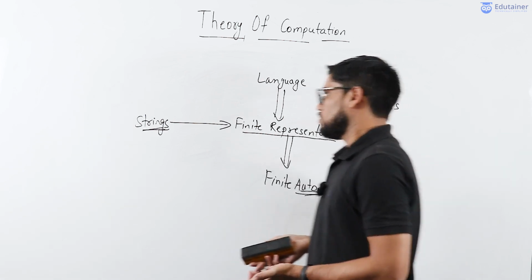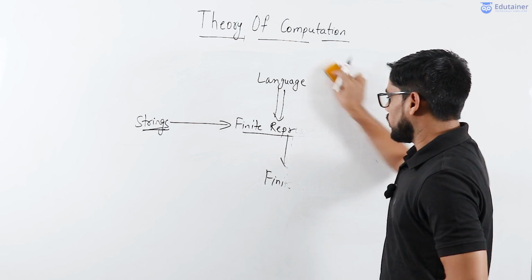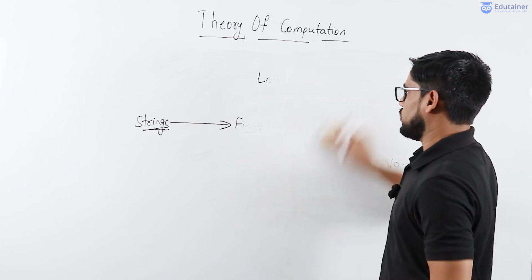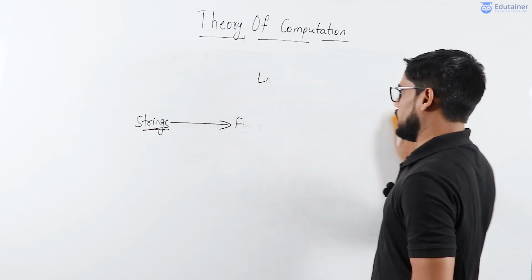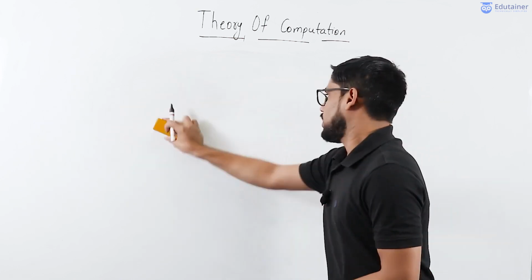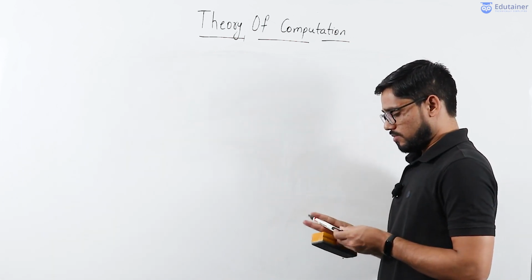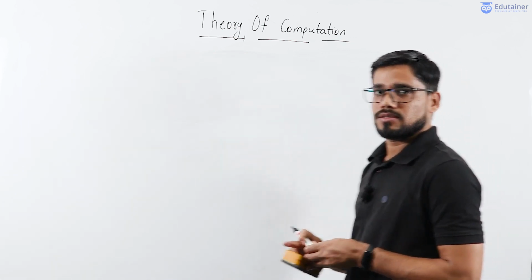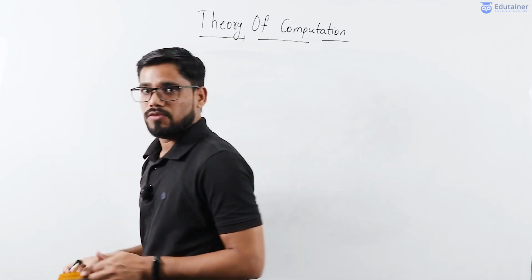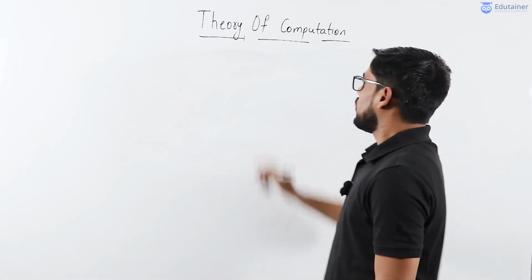And if you understand the finite automata very well, then you can answer any question in GATE. So finite automata is the most important topic in theory of computation. So let's start with the finite automata.